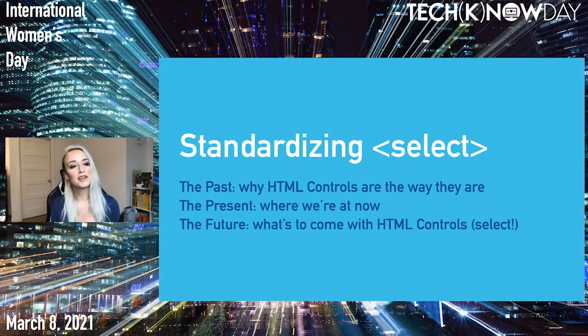And so today we're going to talk about the past, why HTML controls are the way they are, the present, where we're at now, the current landscape of working with controls, and the future, what's to come with HTML controls, in particular Select, and in some instances the future is now, so some of this work is actually in progress at the moment.